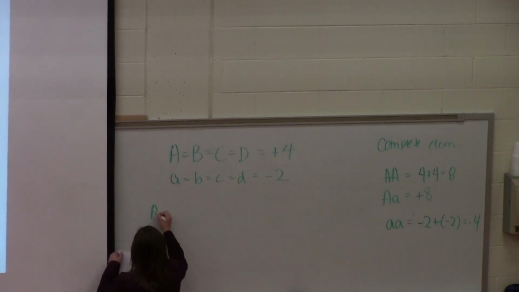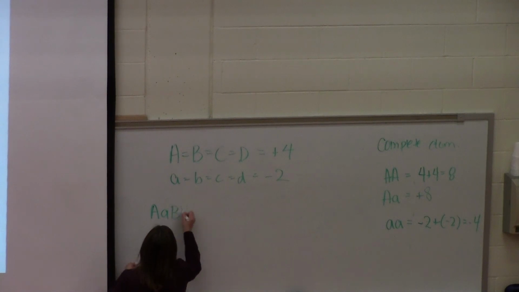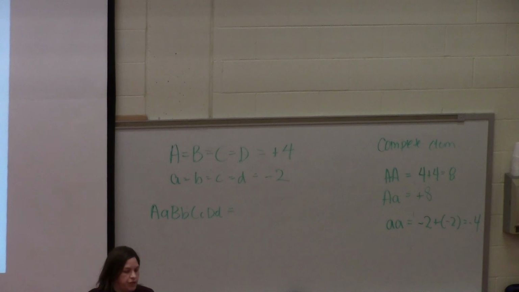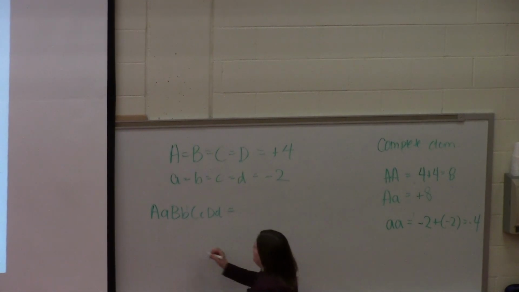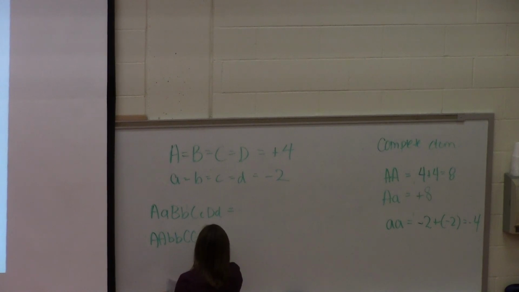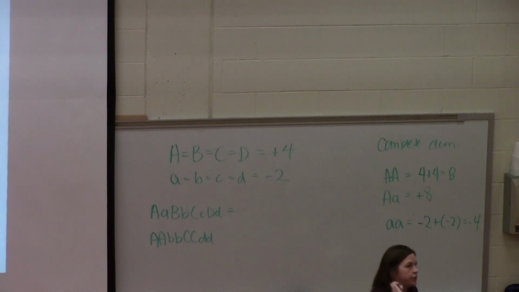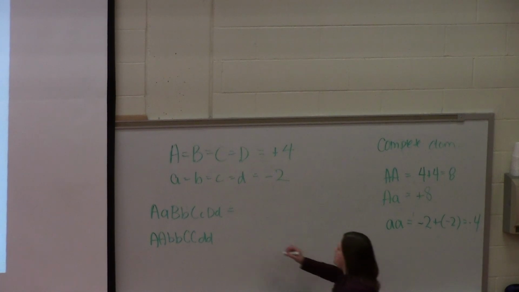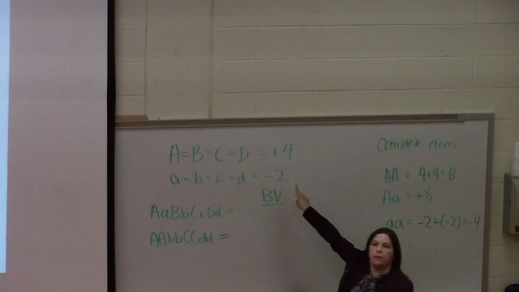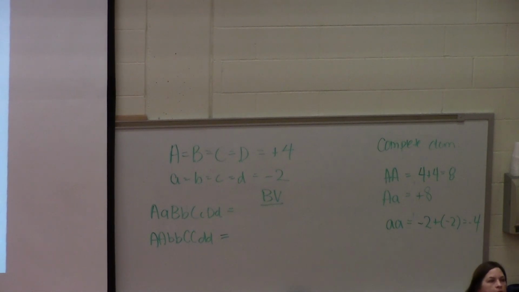So say I have an individual that's heterozygous for each of these alleles, and I have an individual that's homozygous big A, homozygous little b, homozygous big C, and homozygous little d. Okay? If I think about my breeding value, I'm just thinking about how much each of those individual alleles is worth, right?